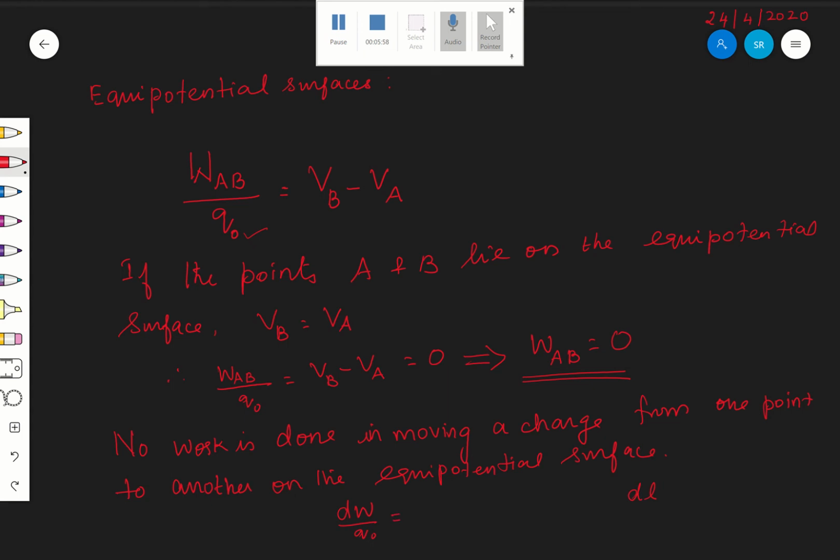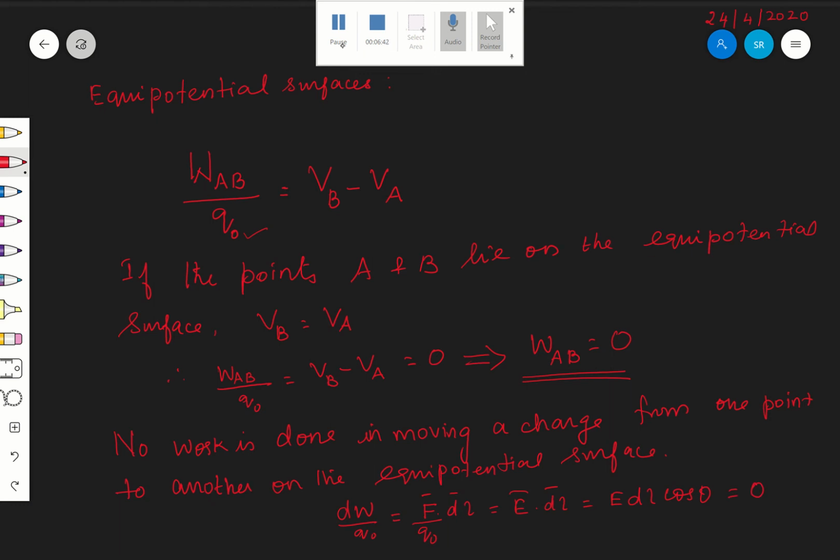That is nothing but F dot dl, where F is the electrostatic force, so F dot dl by q naught, which is work done per unit charge. That is nothing but E dot dl, which is E dl cos theta, and that is equal to 0.